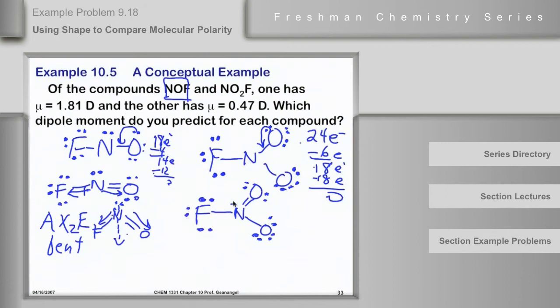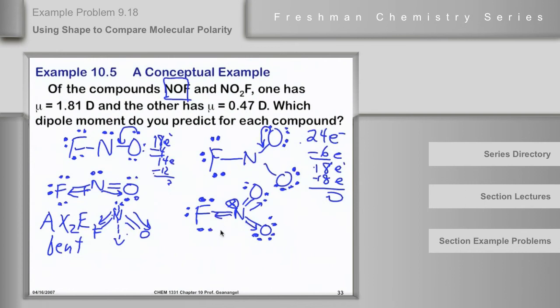Okay, so now we have a molecule that has 3 polar bonds in it. This one is polar this way, this one's polar this way, that one's polar that way.